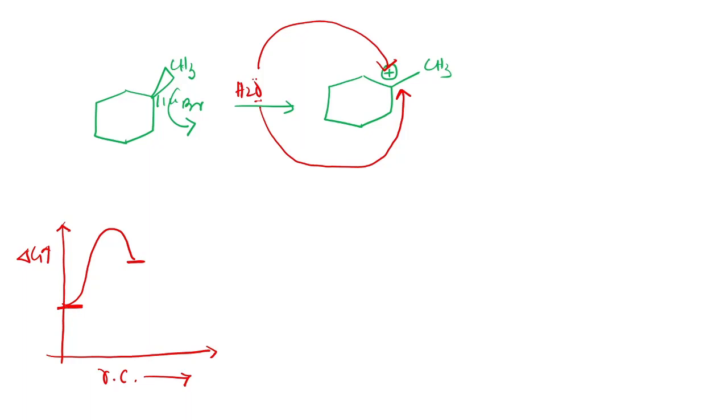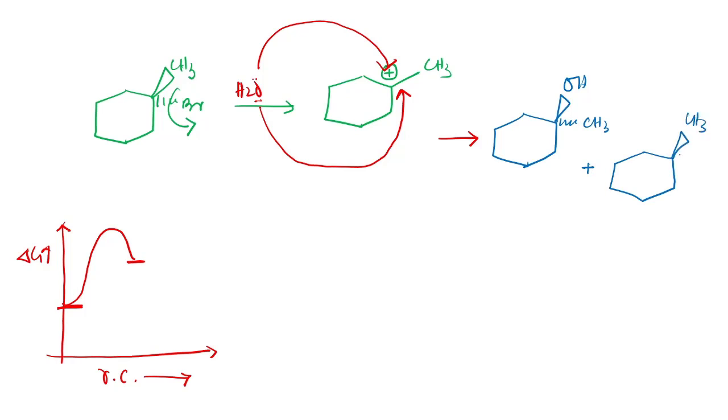Now the product we are going to form by addition of water will look like this, OH methyl, because two products are formed and another product is this. We are not discussing the yield or percentage, we are discussing the potential energy or delta G. So they both have the same energy.